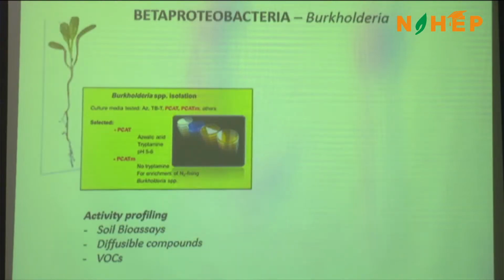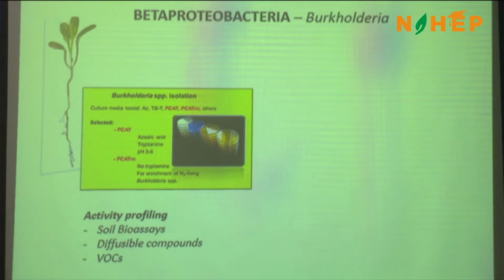When I came to Joss' group, the first thing was to try to isolate Burkholderia, which belongs to the Betaproteobacteria group. Anyone familiar with Burkholderia? Cool, nice. Is it difficult to isolate? Yes, it's difficult. I almost got fired because of that.